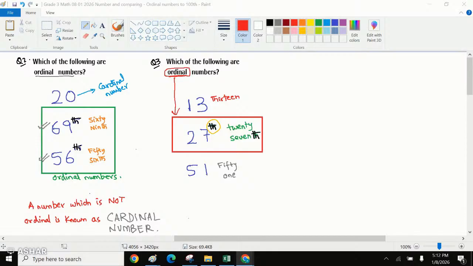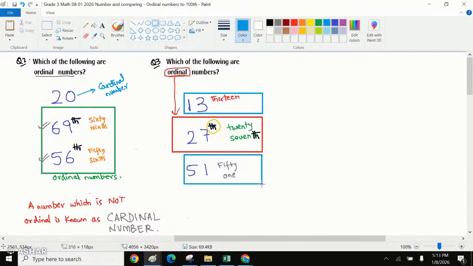Do we agree on this? Esther, do we agree? Any number having an abbreviation like th, st, or nd on top of it would always be called an ordinal number, okay? But the other two numbers that we had were 13 and 51.